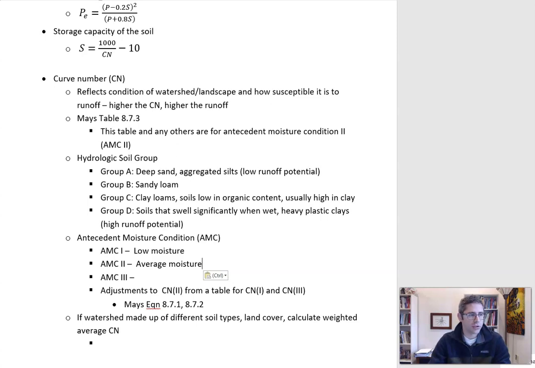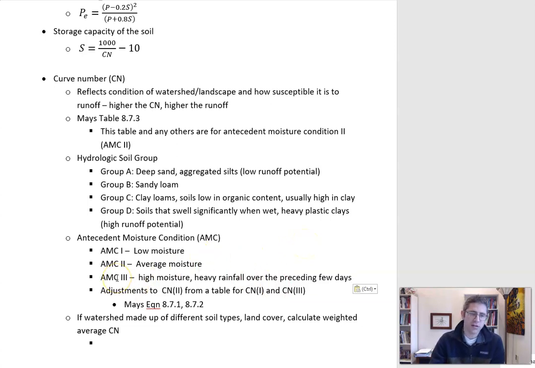AMC2 is average moisture, and the tables tend to list the curve numbers for AMC2. And then finally is AMC3, which is high moisture, heavy rainfall over the preceding few days. In the winter we're mostly in AMC3 here in Oregon.